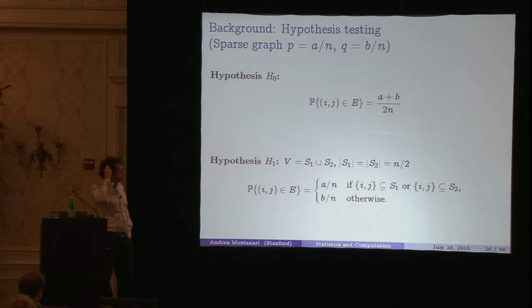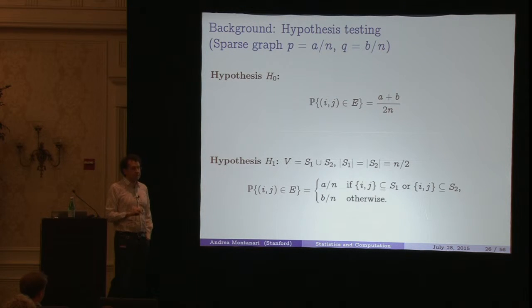And I want to set this up as a hypothesis testing problem. Namely, I want to check whether the graph is just an Erdős-Rényi random graph, a random graph where each edge is present independently with the same probability, or it is distributed according to the planted partition. So you're given a graph, and you have to say whether it has a partition or it doesn't.